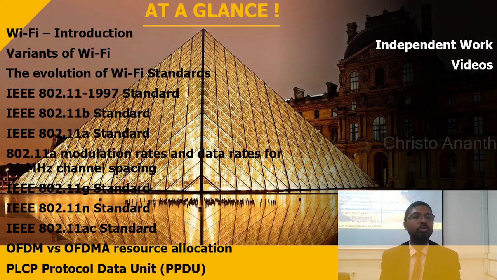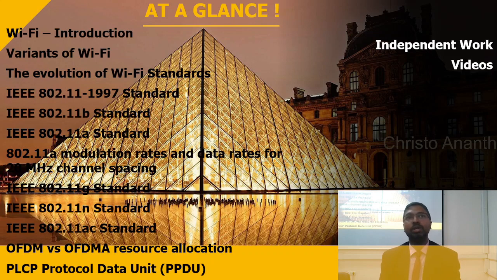Then we'll discuss the 802.11g, 11n, and 11ac standards, and we'll compare OFDM, orthogonal frequency division multiplexing, with OFDMA, orthogonal frequency division multiple access, resource allocation. Finally we are going to end this class with the PLCP protocol data unit, PPDU.